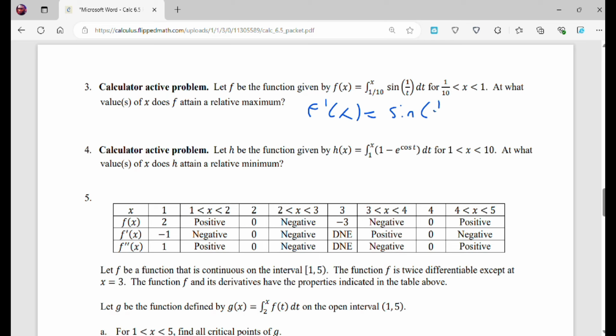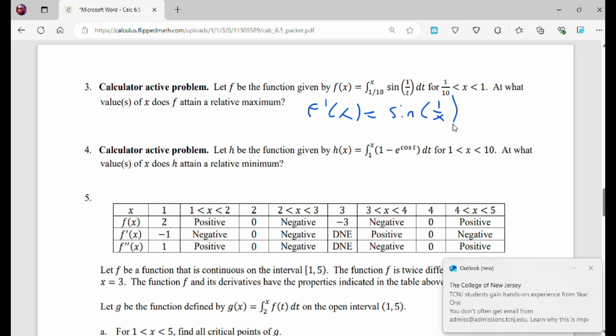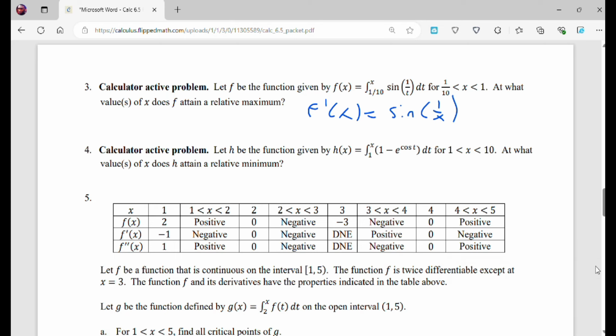Plug in your upper limit into the function, chain rule, which is just times 1. So we have to see where this graph right here goes from positive to negative on this interval.